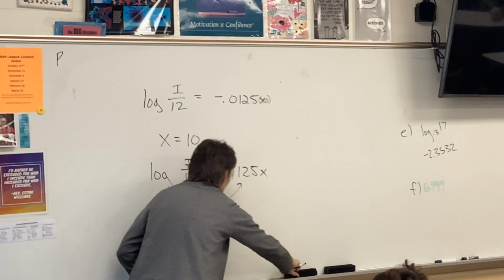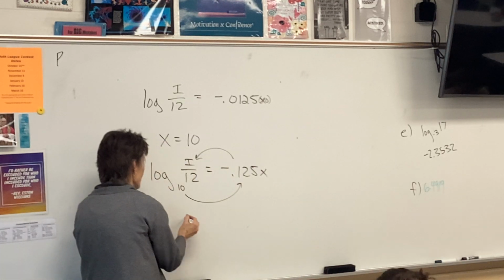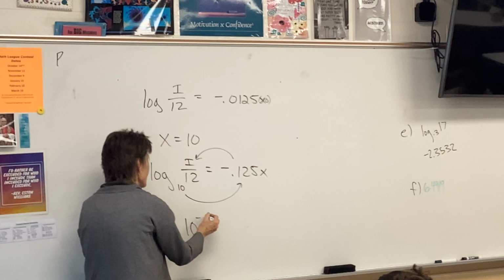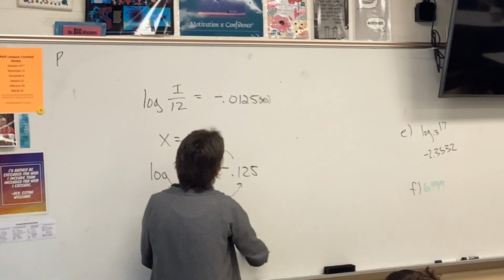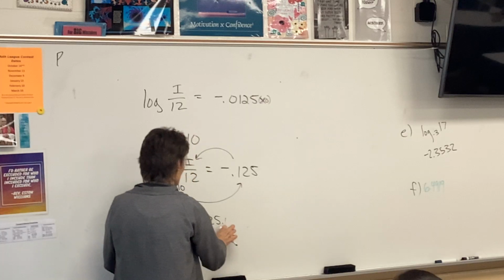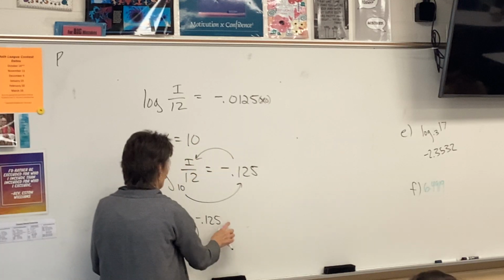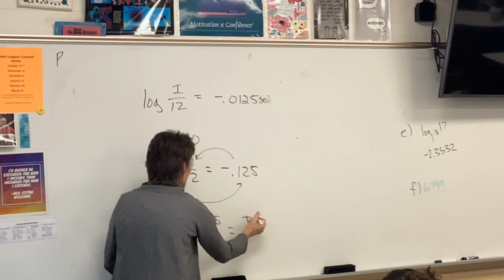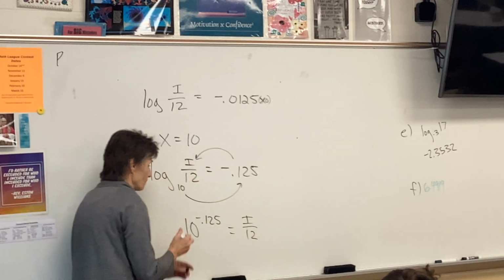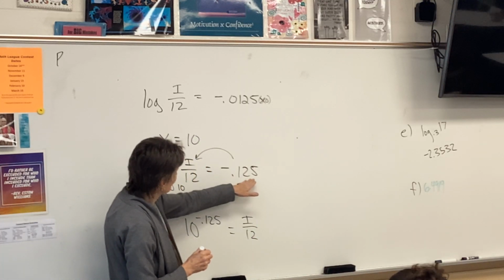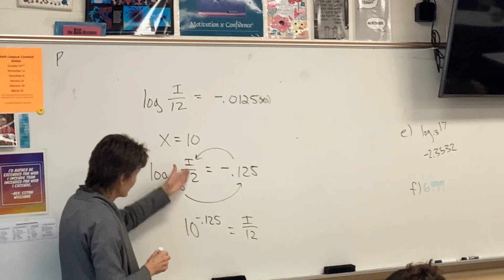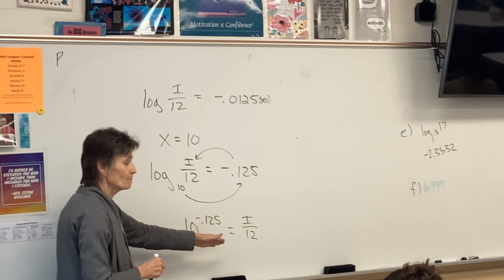Loop it. Loop de loop. So 10 to the negative 0.125, sorry, there's no x, I put 10 equals I over 12. So 10 to my power equals this thing, which is I over 12.